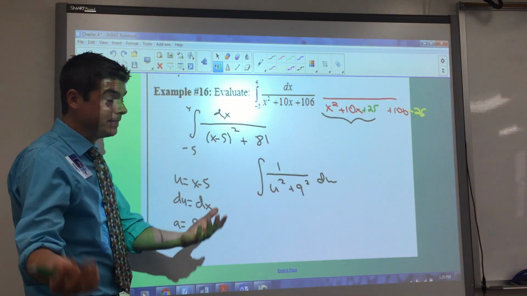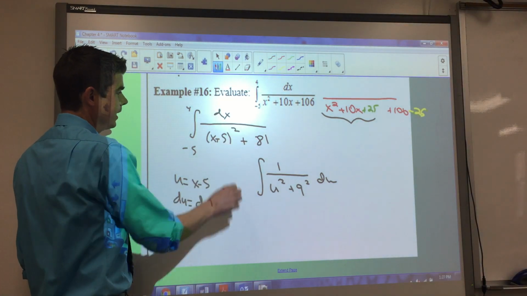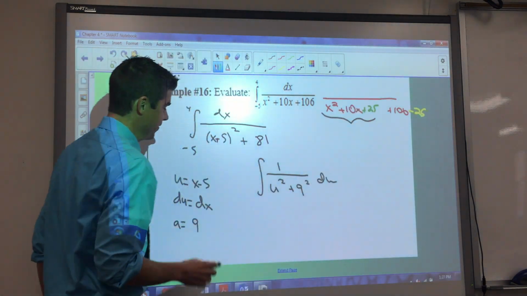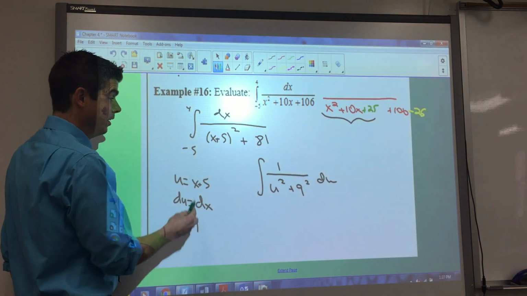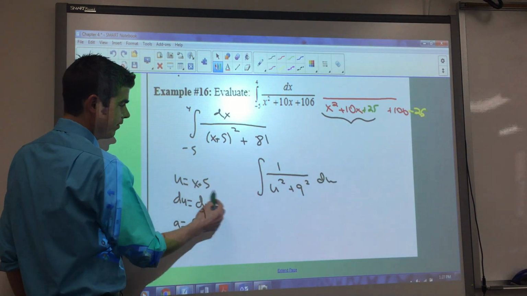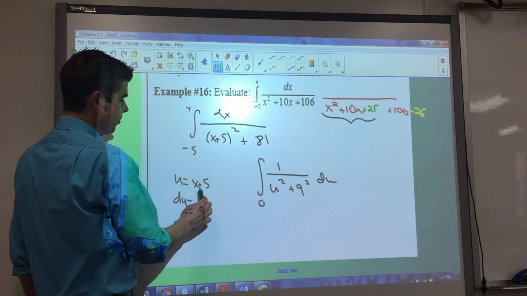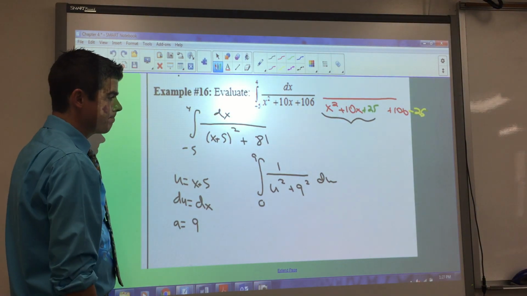You guys are probably yelling at me through the computer saying, typo, mistake. That's x plus 5. Silly Mr. Brown, because x squared plus 10x plus 25 factors to (x plus 5) squared. That makes me feel really good, because negative 5 plus 5 for my u will change that to a 0, and 4 plus 5 will change that to a 9. Phew, otherwise, I don't know what I would have done.